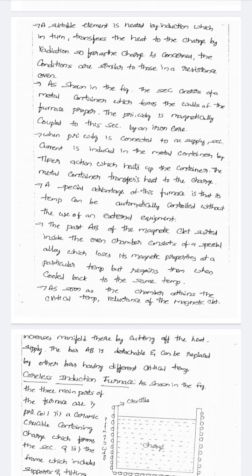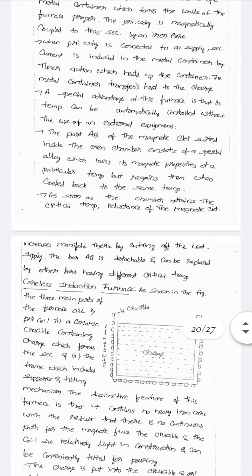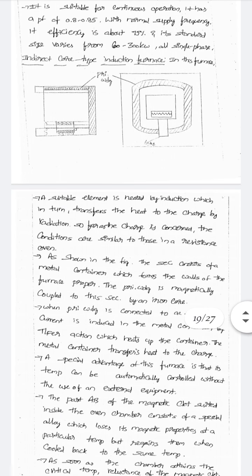The furnace magnetic circuit is placed inside a chamber consisting of a special alloy which loses its magnetic properties at a particular temperature, as shown in the figure. Now this is about the indirect core type.